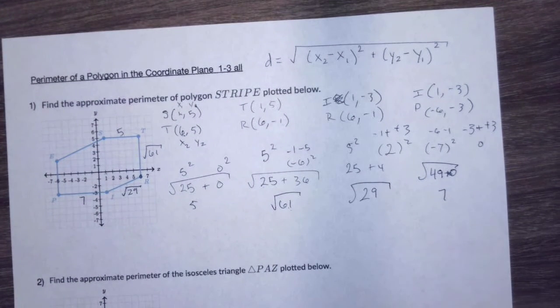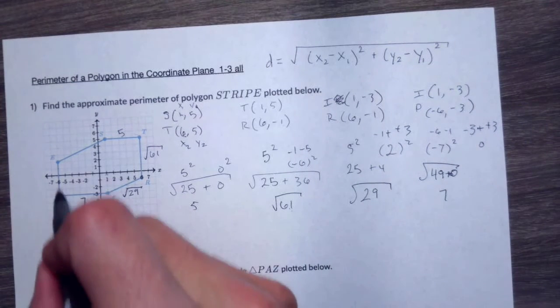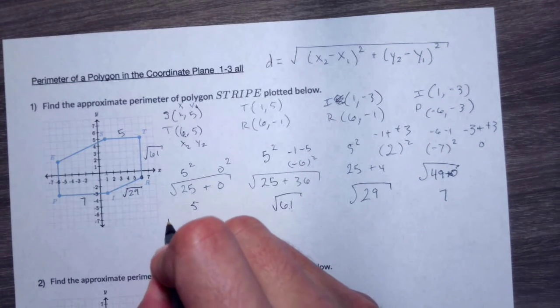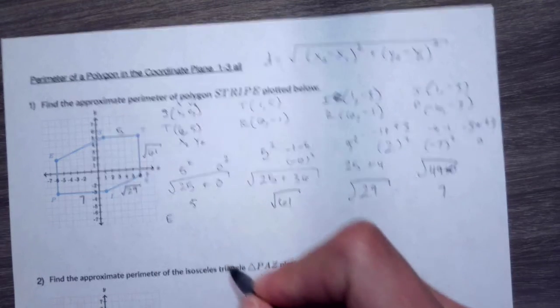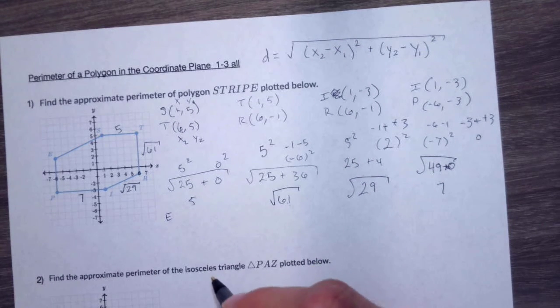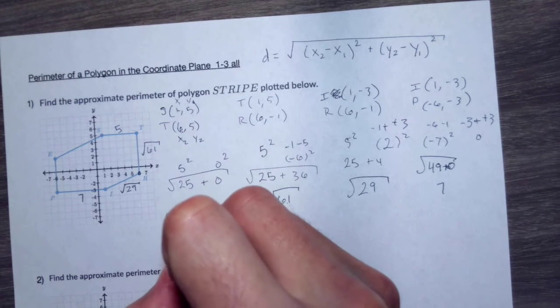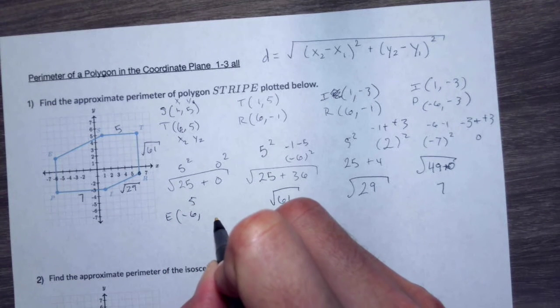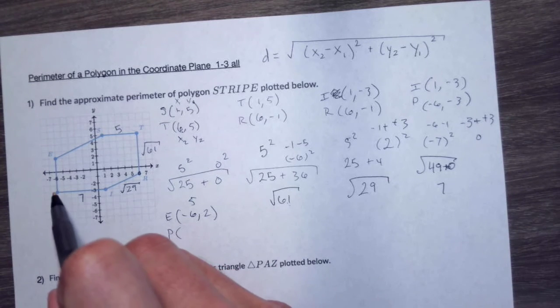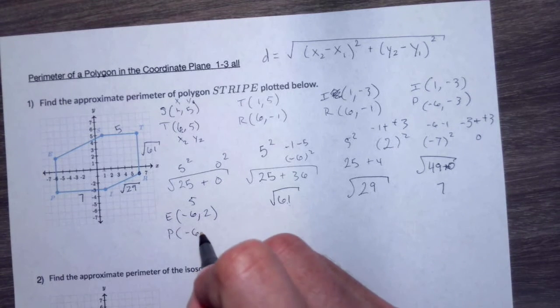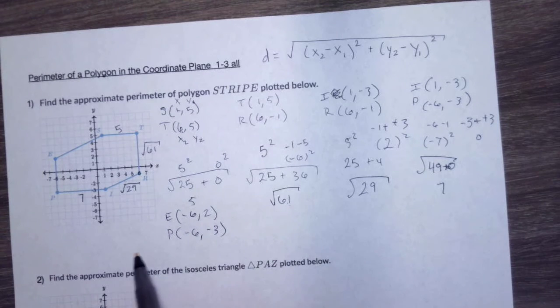Very nice. Let's do PE. E is negative 6, comma 2. P is negative 6, comma negative 3. I'll do the same exact thing that I've been doing.